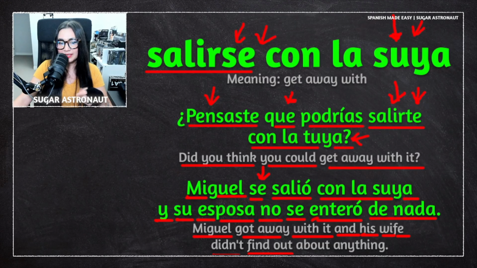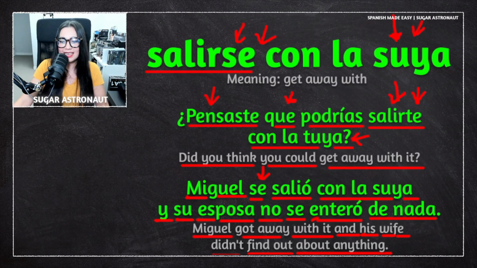But it also means about anything. Specifically when you're talking about someone finding out something, you're pretty much saying that this person didn't find out about anything. Nothing. So she doesn't know anything.